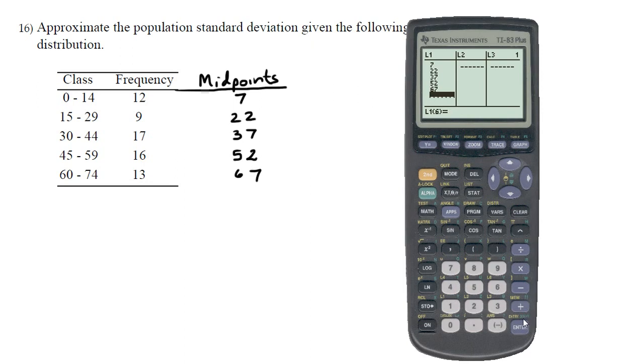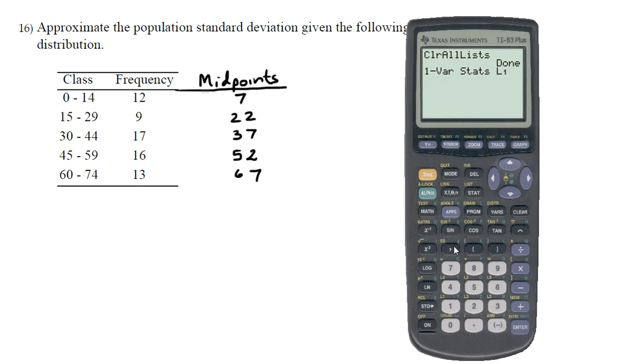Okay, so my values are there. Go over to the next column. Now I'm entering the frequencies, the respective frequencies: 12, 9, 17, 16, 13. Okay, data's in.